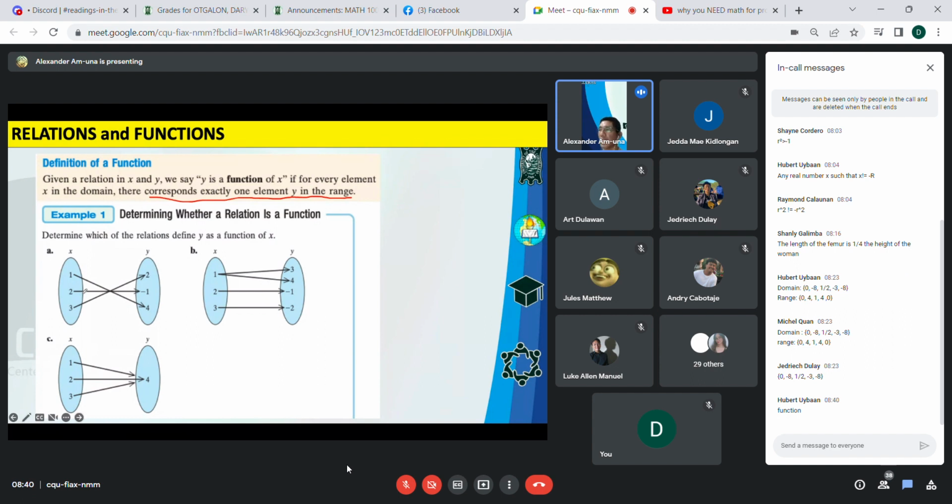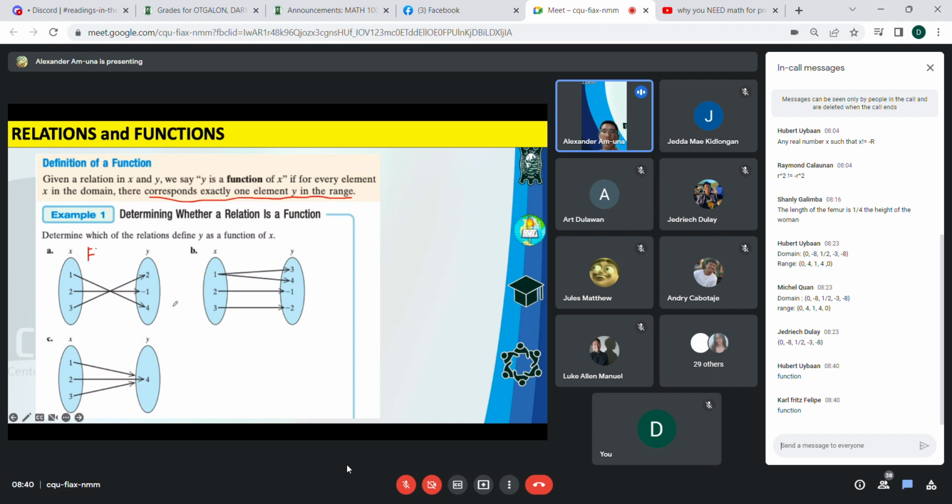Function. Okay, yes. Carl and Hubert said it's a function. Okay, yes, this one is a function, because there is exactly one element y in the range for every x value.